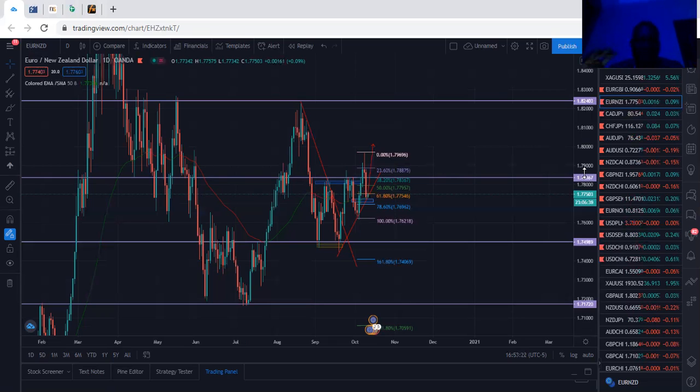Then the last phase is the phase of consistency. You fund an account, you grow it to a particular level, you blow some profit off, then you trade again, you grow it beyond the previous profit level, you blow a little bit out of that profit.